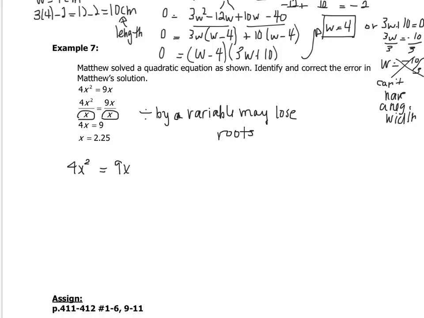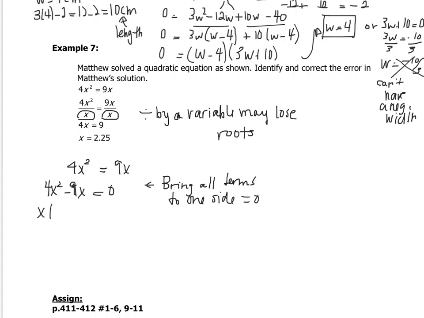The best way to do this when you have an equation like that is to bring everything to one side. If you could divide x out of both sides, that usually means that if you bring it all to one side equal to 0, there should be a common factor. In this case, the common factor is x, and you're left with 4x minus 9 equals 0.